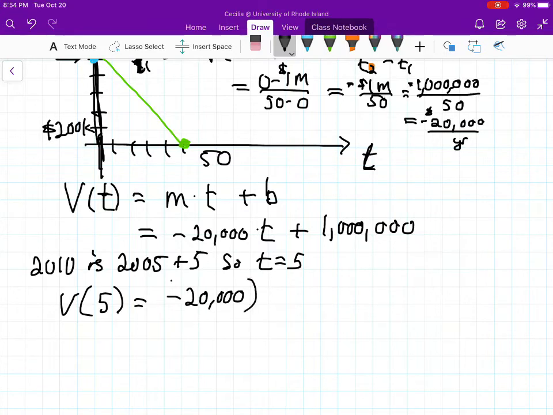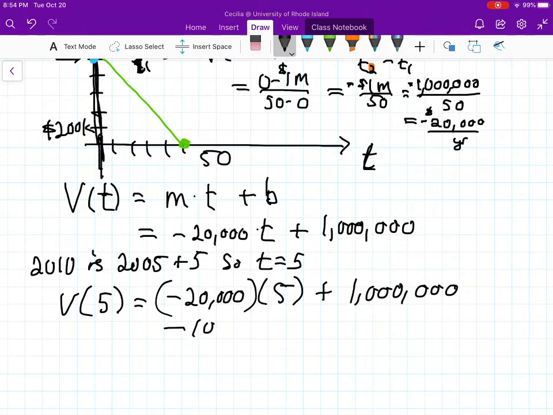So you see, we start with the million and we're taking away from it more and more every year. That's why it's a linear depreciation. And we can put this in our calculator and find out that we get minus 100,000 plus 1,000,000. And that this is equal to 900,000.